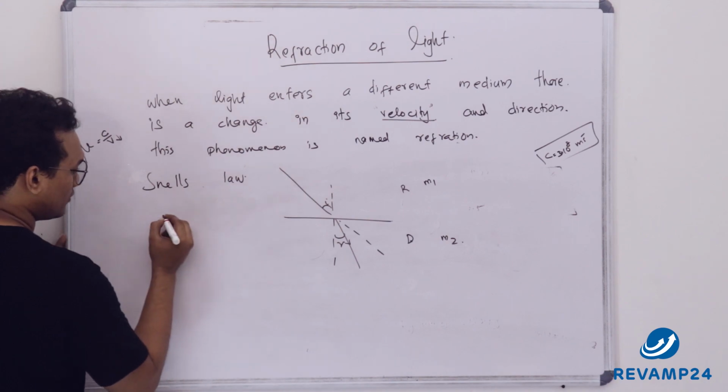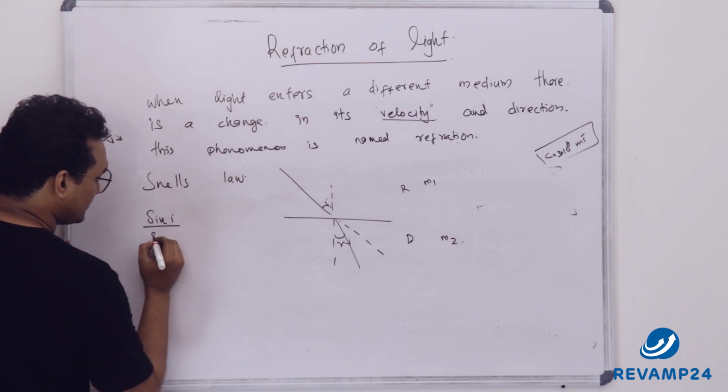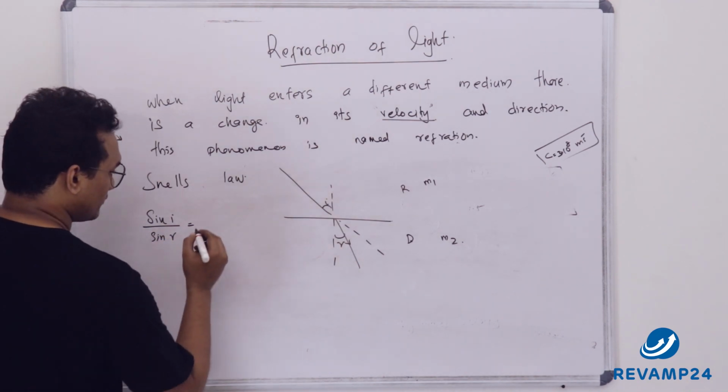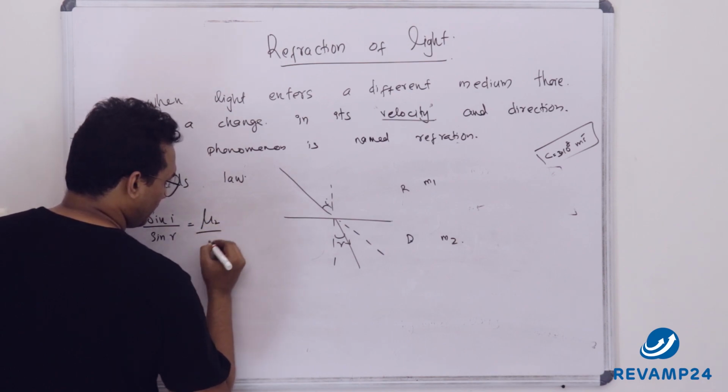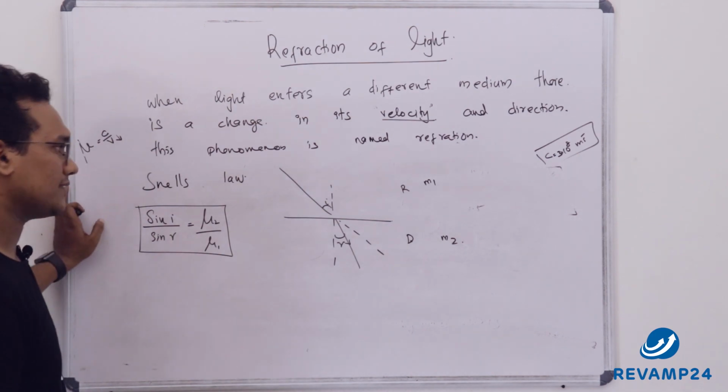According to Snell's law, sin I by sin R is equal to mu 2 divided by mu 1. This is Snell's law.